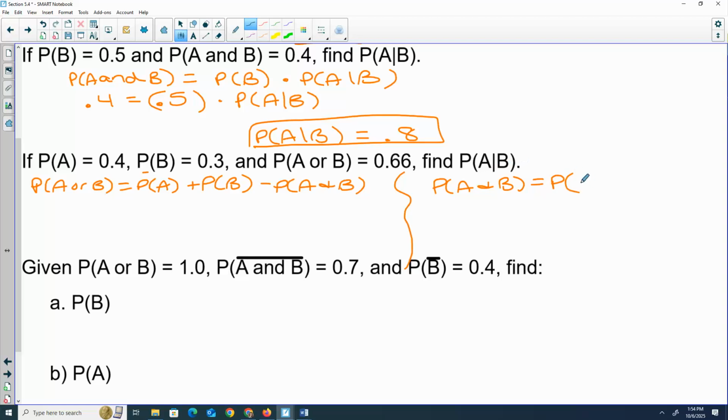Since I'm given B, I have to do probability of B times probability of A given B. So these are the formulas that I have, and you can get these straight from your formula sheet.